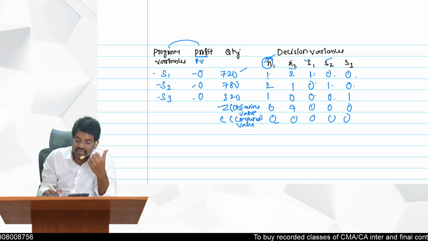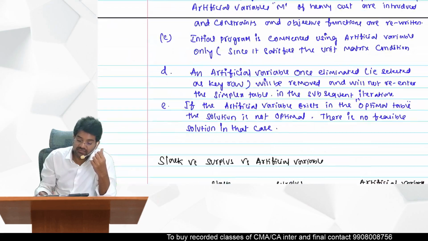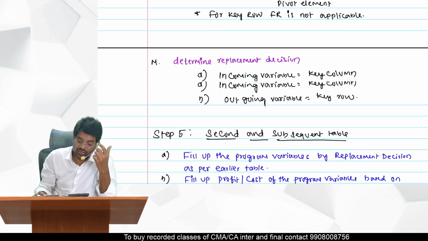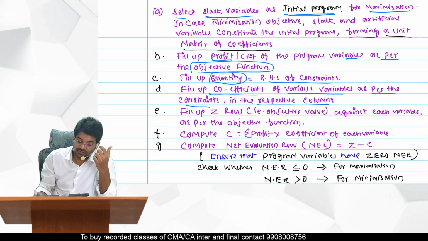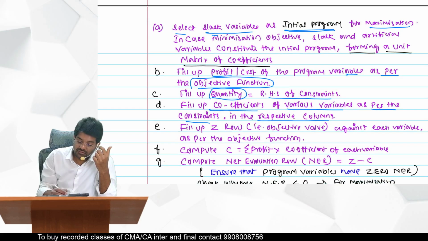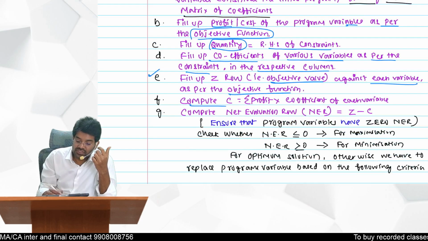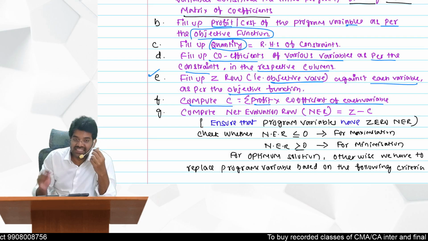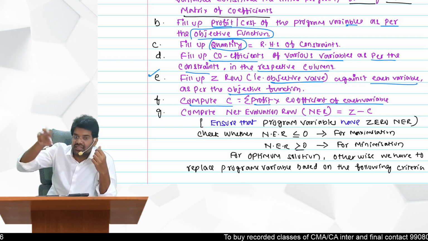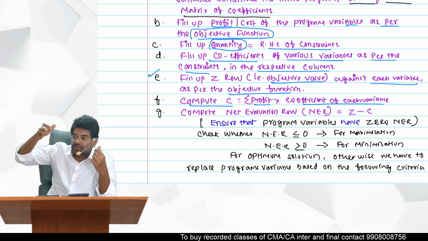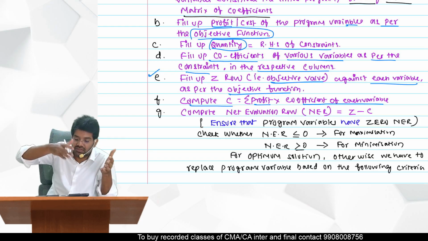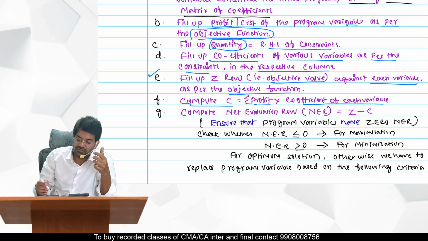Now you should calculate NE, the net evaluation. We have filled up the Z row, that is, the objective values against each variable as per the objective function. Then we compute the C value. How do you get the C value? Profit into the coefficients of each variable in the table, and the summation of profit into coefficient.